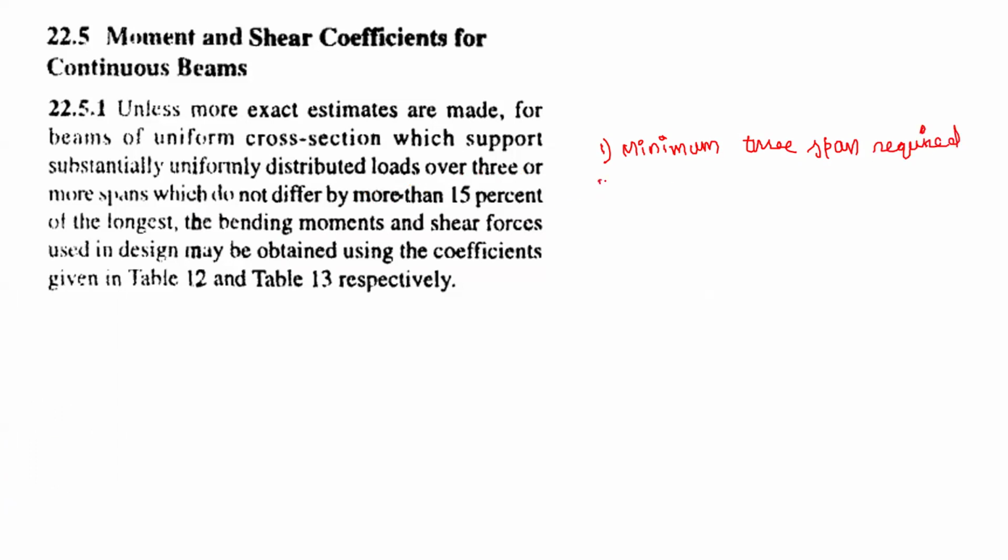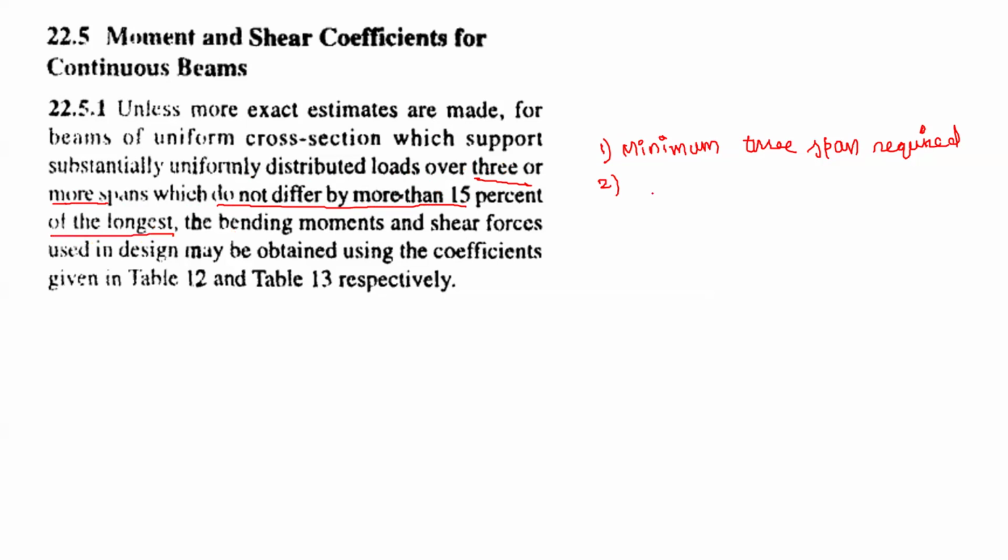And the second, as you can see, is that it supports substantially uniformly distributed loads over 3 or more spans, which do not differ by more than 15% of the longest.